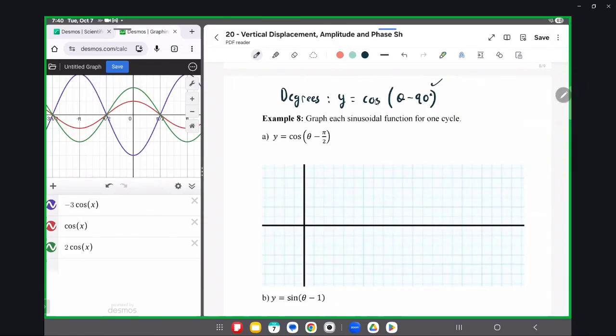And so, since pi over 2 units is going to be our phase shift, I want to make sure that my scale involves some sort of pi over 2 to make it easier for me to graph. So I'm going to ensure the scale includes pi over 2 as an easy to read unit.